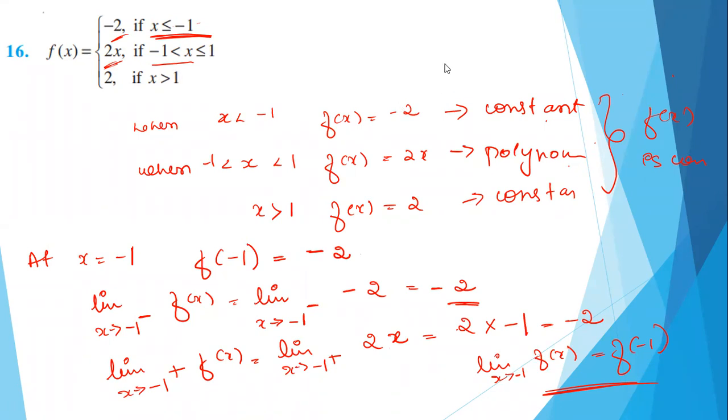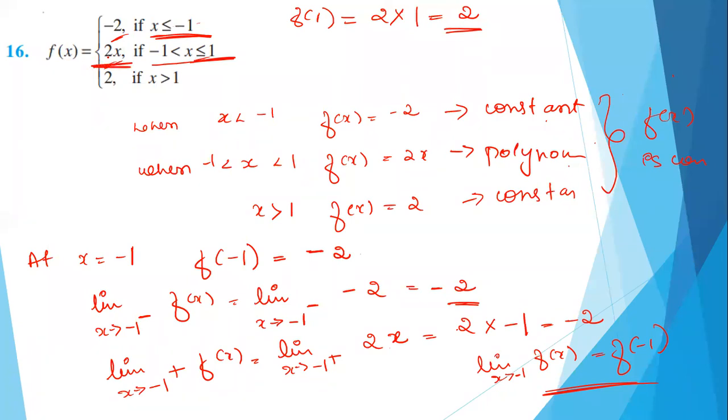Yes, good Satvik. It is continuous even when x is equal to 1. So at x equal to 1, what is the functional value? f of 1 will be equal to 2 into 1, that is 2 itself. Correct?